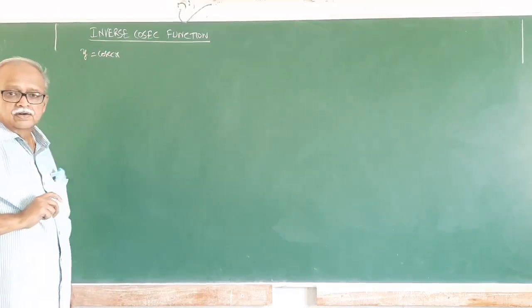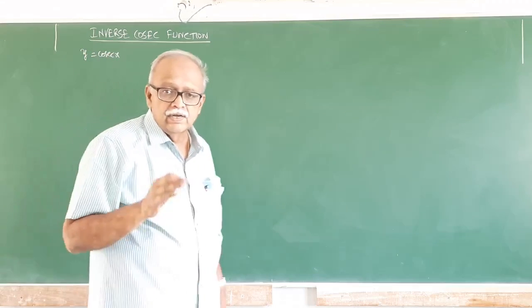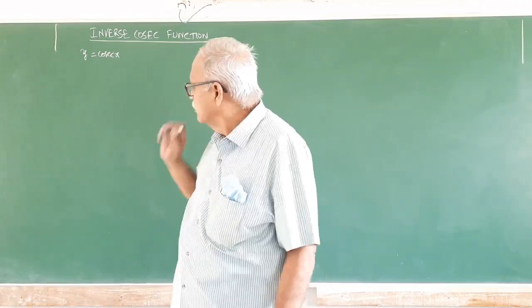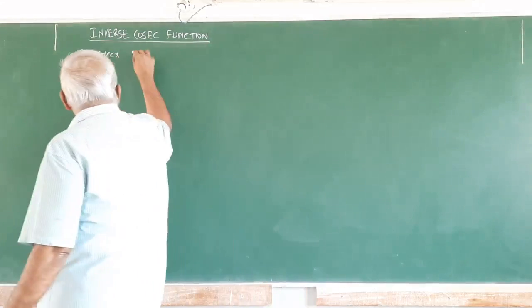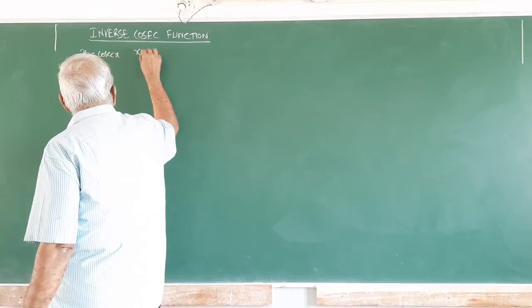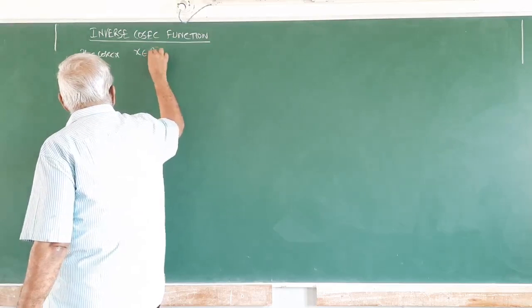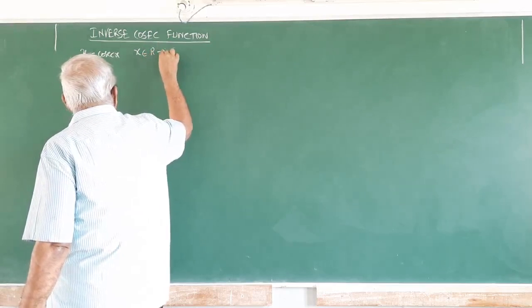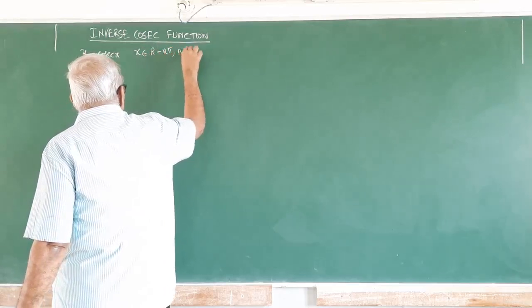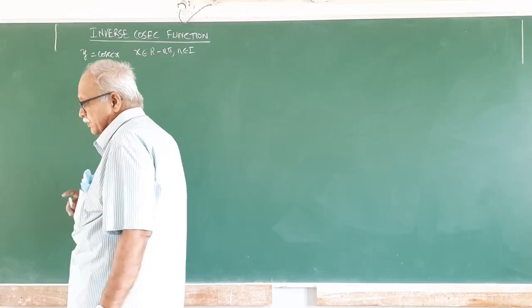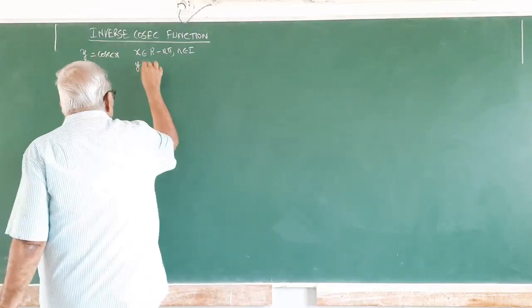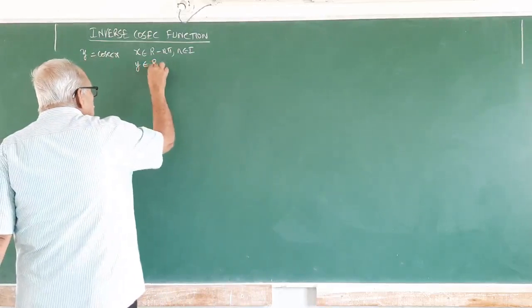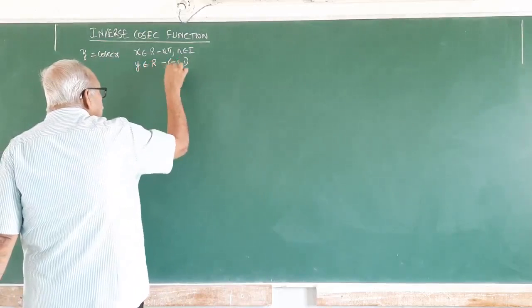In the previous classes I have mentioned the domain of the cosecant function. Here x belongs to R minus n pi, n belongs to integers, and y belongs to R minus (minus 1 to 1).